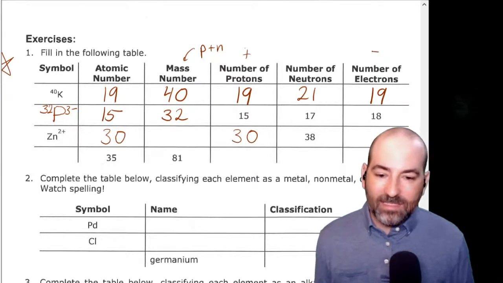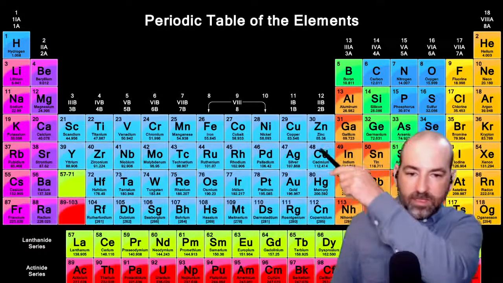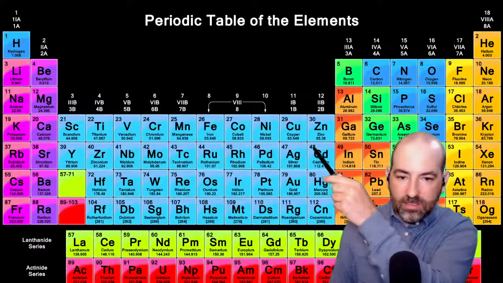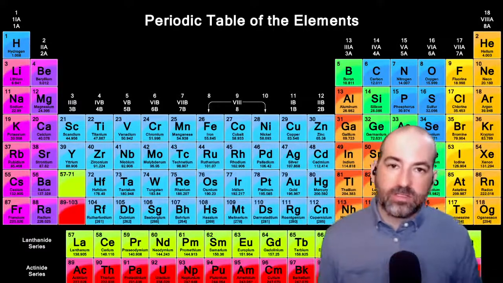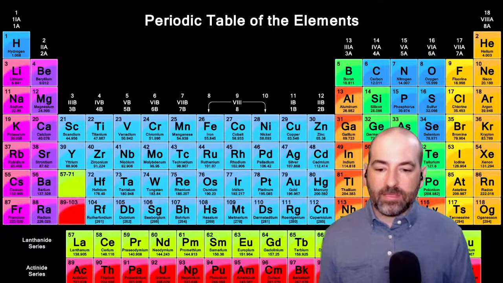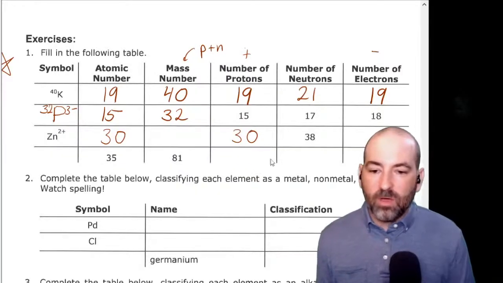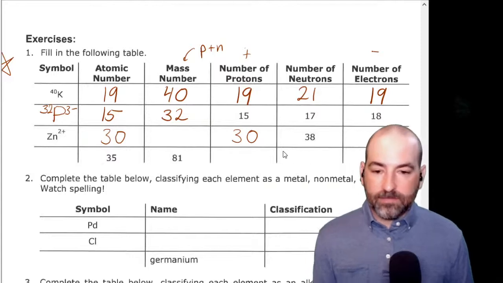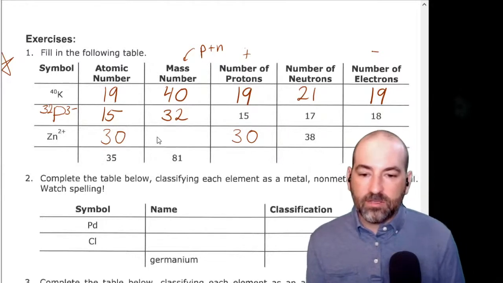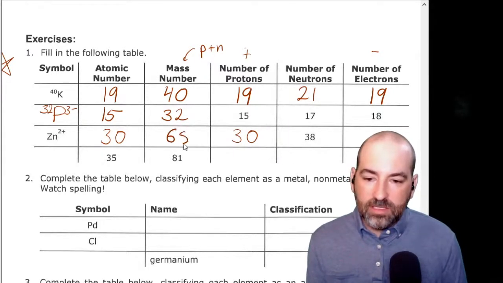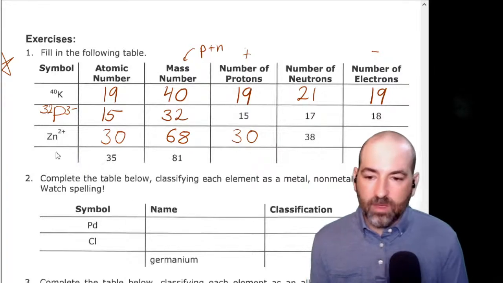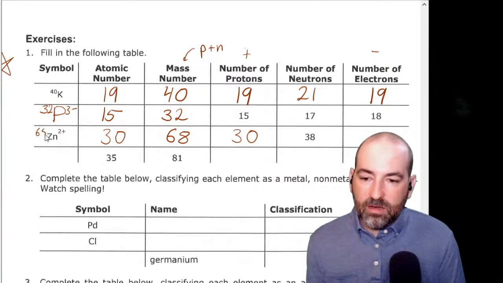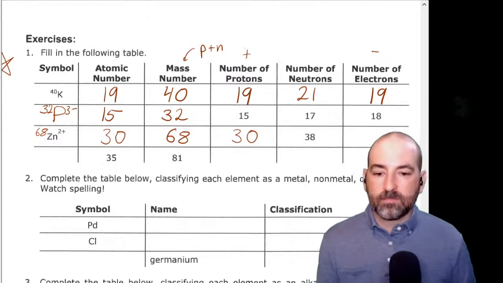It is not the number that's given on the periodic table right there. That is the average atomic mass. You'll notice it's a decimal number. That is not the mass number. And so we don't get that from the periodic table. We get that from adding the protons and the neutrons. So 30 protons, 38 neutrons, that is 68 altogether. So we can put a little 68 up in the corner there.